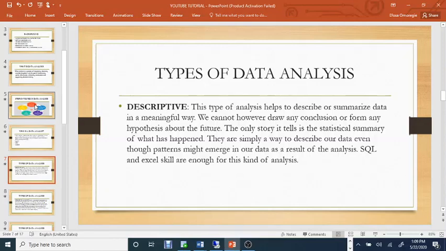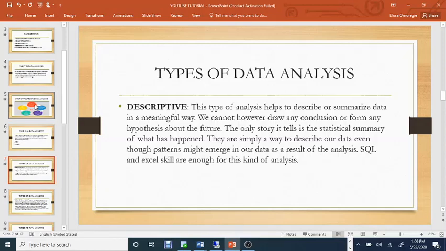We are still on the first phase, which covers the theoretical part of the course, SQL for data analyst. The second phase will be the hands-on, where we learn how to write structured query language, SQL. So for today, types of data analysis.